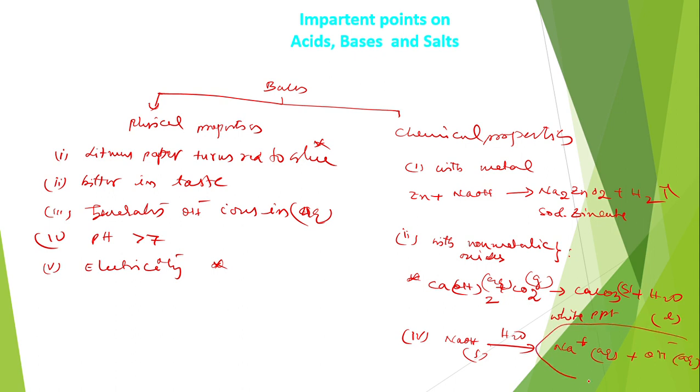So these ions are responsible for conductivity of electric current. Okay. So in aqueous media, NaOH generates OH minus ions.